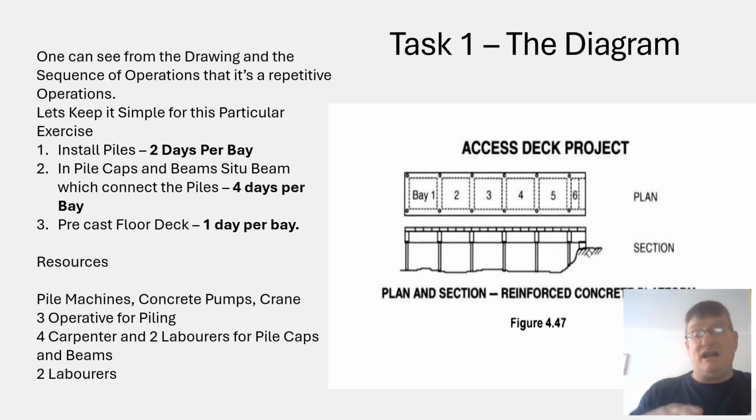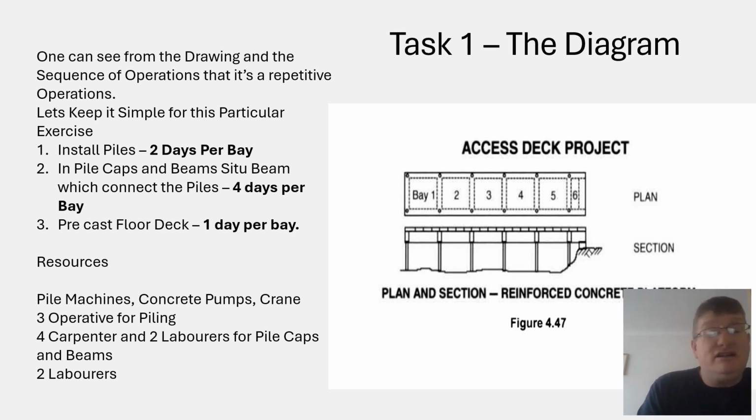To finish off, you put these reinforced precast concrete floor decks in on top, so they're lifted on top, so they only need 2 laborers as such. The resources you require for that: pile machines, concrete pumps, because you're going to pump the concrete, and a crane. 3 operatives for piling, 4 carpenters and 2 laborers for the pile caps and beams, because you've got timber formwork as well as concrete pouring.